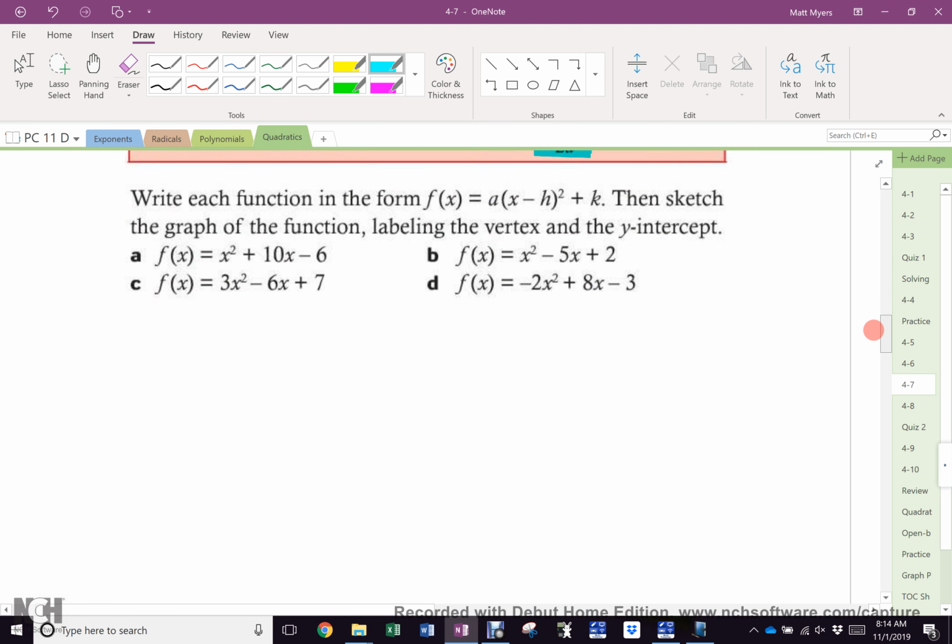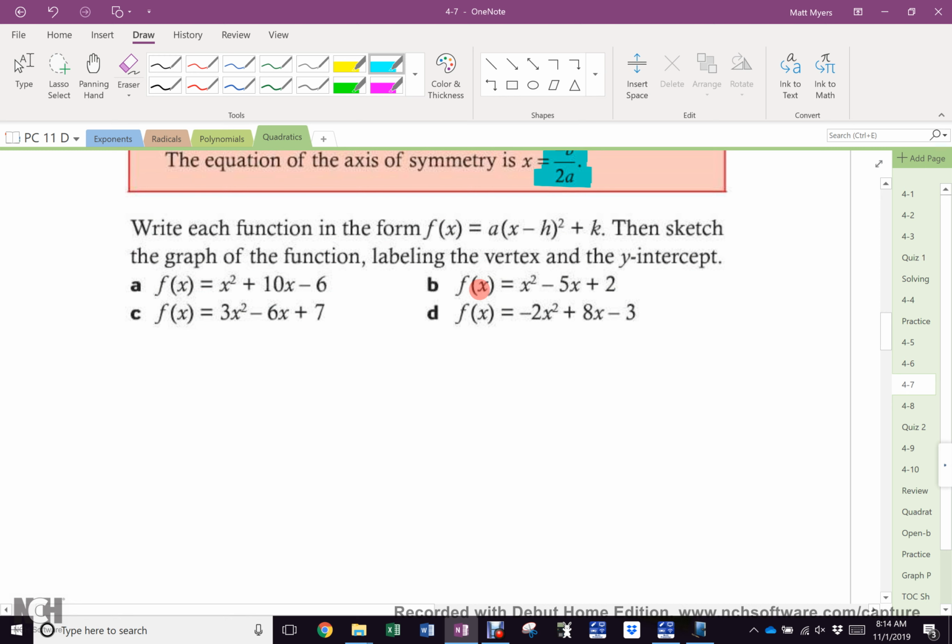So what we're going to do here is you will notice that one is a really good candidate for completing the square, yeah? What makes it so? It's got an even b and no number out front. So this one we can put right into vertex form, right? Super easy. That one's barfy.